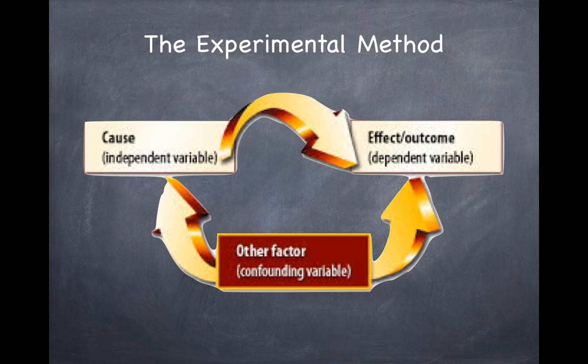When you create your research, you want to create a hypothesis that makes a prediction about cause and effect, the relationship between two or more variables. The cause being the independent variable.